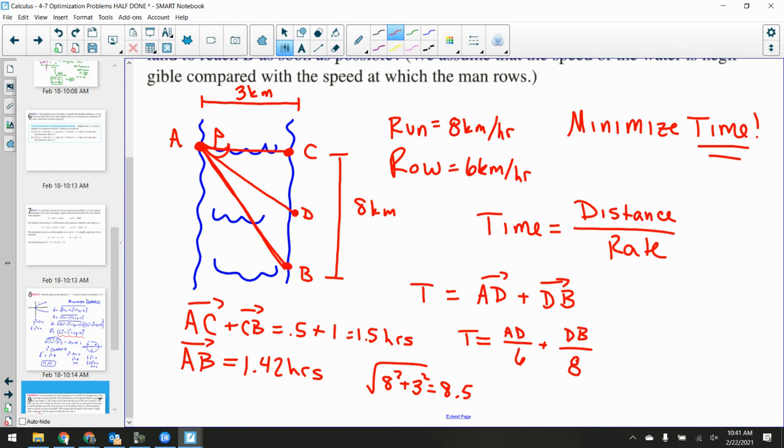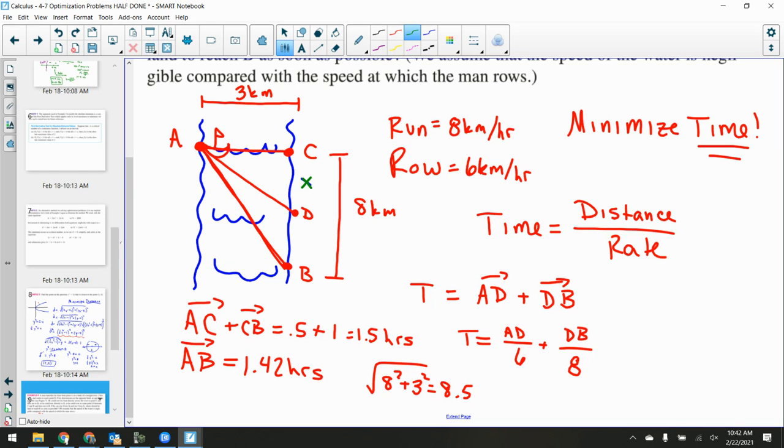What if we called this distance x? Oh, let's use a different color. What if we called that distance x? What, C to D?